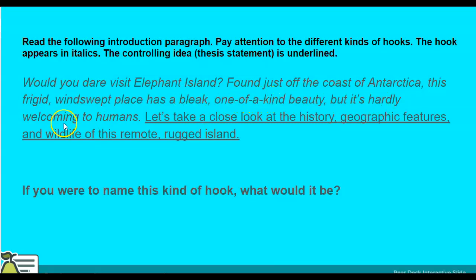It's hardly welcoming to humans. Man, this is a question I'd have to really go back and consider now that I know what Elephant Island is. Would I really go there? Even though it's beautiful, a one-of-a-kind beauty, you gotta really want to go there. So this is a great example of a question that really does make the reader go back and consider, oh, wait, would I really go there?